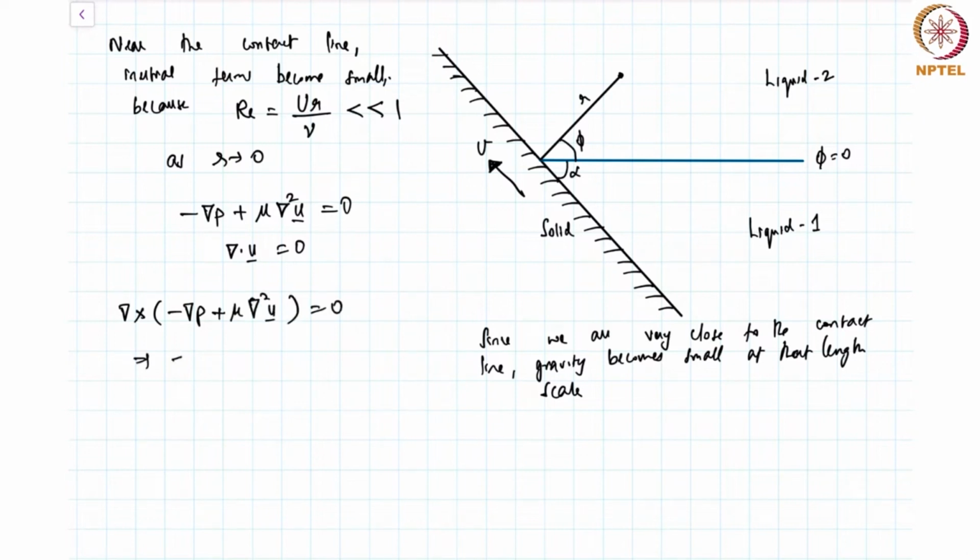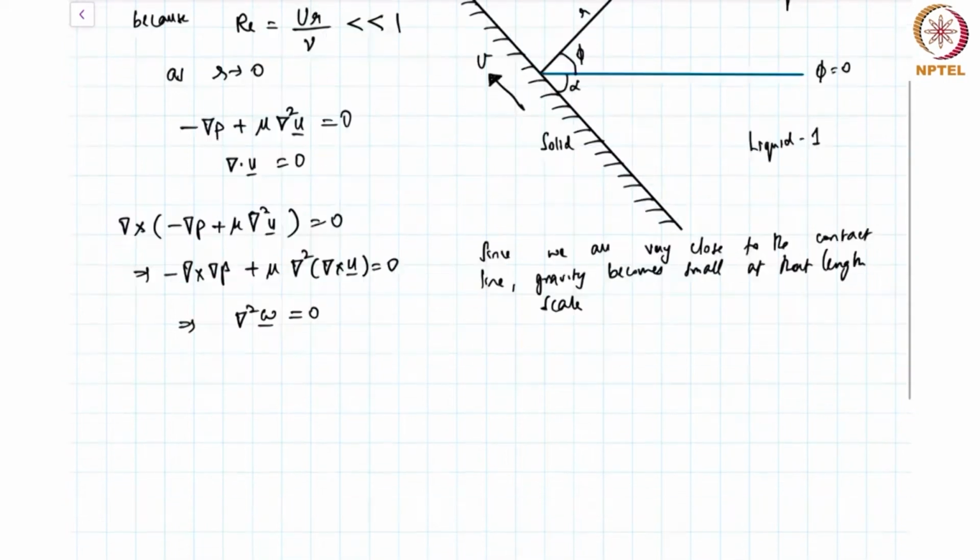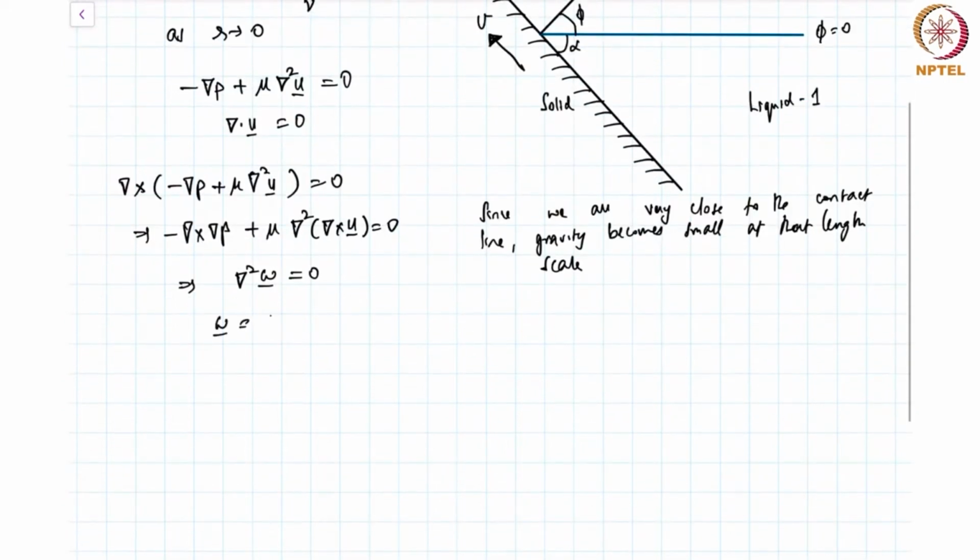That essentially gives me curl of a gradient of pressure plus mu del square of curl of u equals 0, and I get del square of omega equals 0, where omega, which is nothing but the curl of u, is the vorticity.